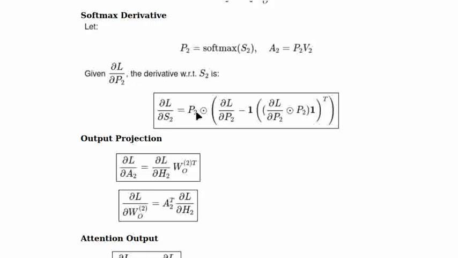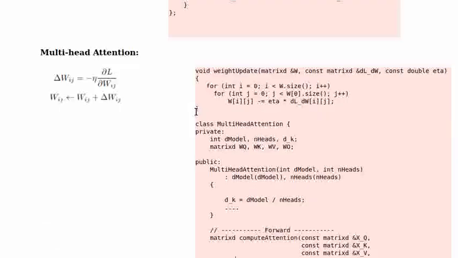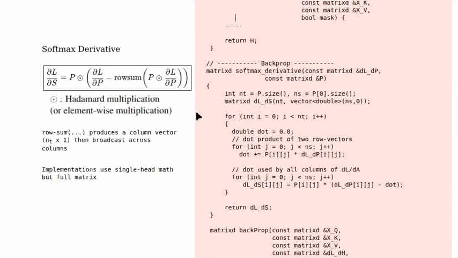Now this formula could be simplified to a form like this, easier to implement. So it is given by this formula. dL/dS is P circle dot this block, okay, dL/dP minus row sum of P circle dot dL/dP.